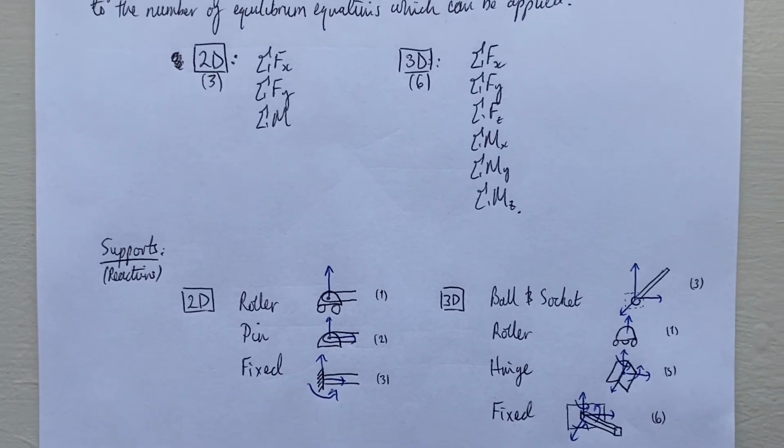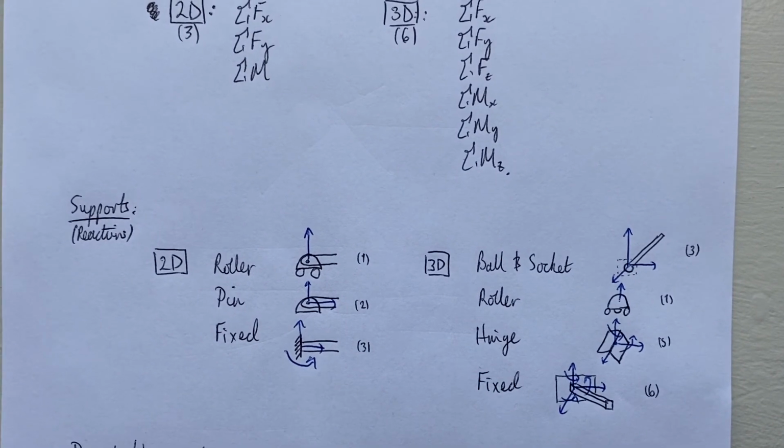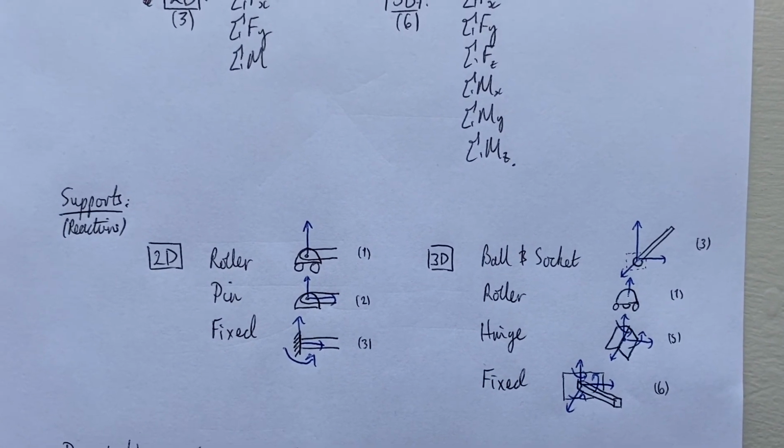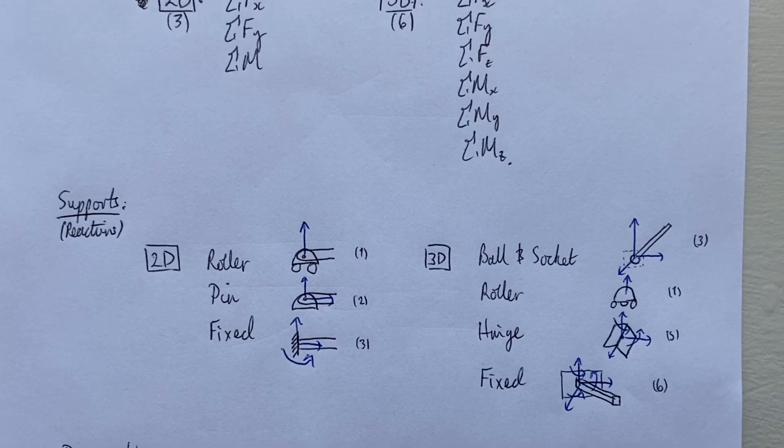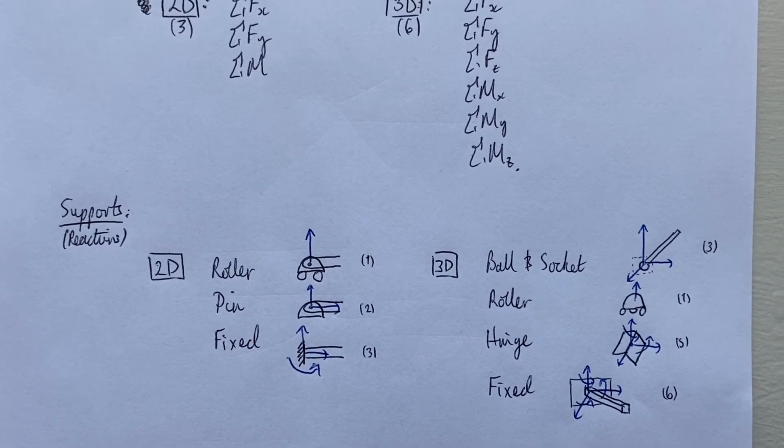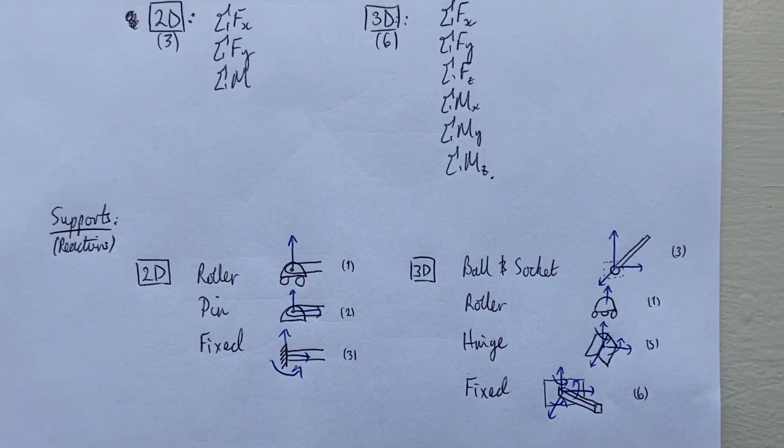So we also need to revise the types of supports in both 2D and 3D, and how many reactions and moments and in what direction they are exerted as well.